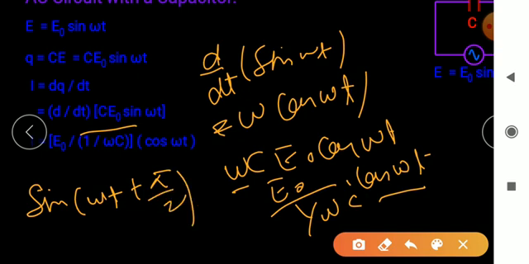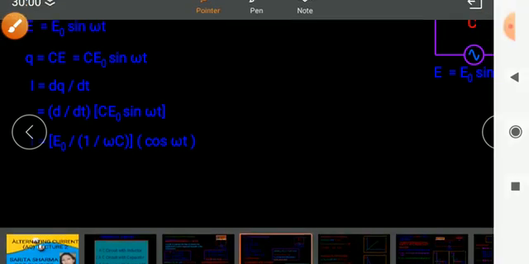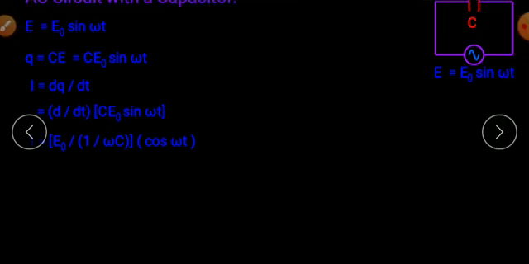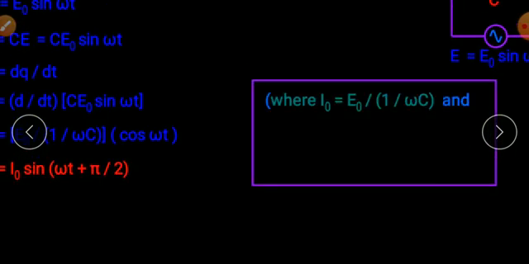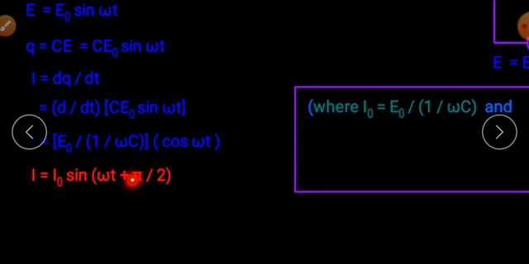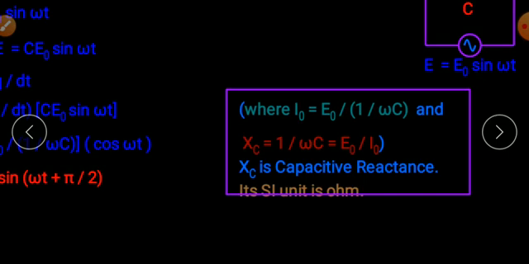So I equal to I naught sine omega t plus pi by 2, where I naught equals E naught upon 1 upon omega C. And Xc equal to 1 upon omega C equals E naught over I naught, where Xc is the capacitive reactance.